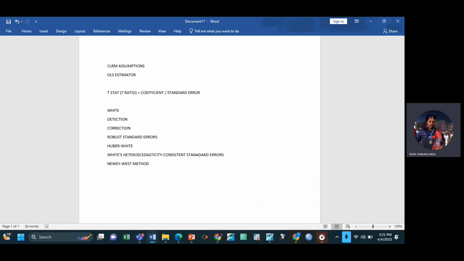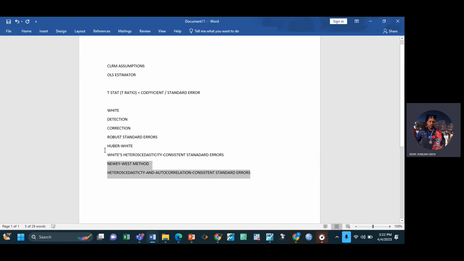This method is heteroskedasticity and autocorrelation consistent standard errors. I don't like spelling this thing, it's too long. What's the meaning of that? This Newey's method is heteroskedasticity and autocorrelation consistent standard errors.